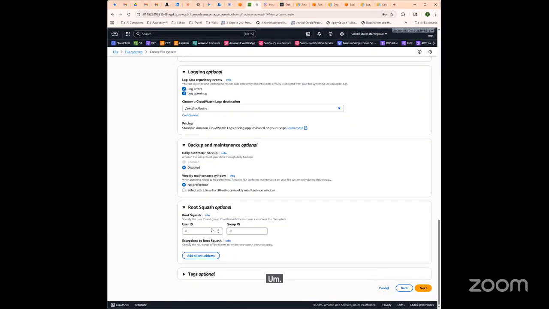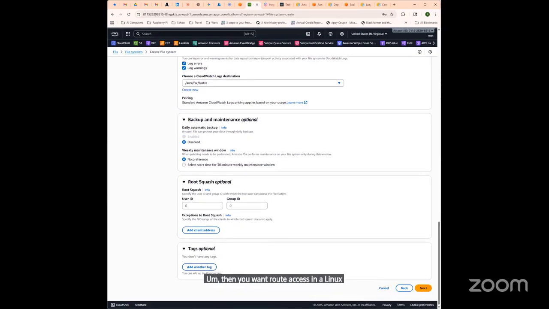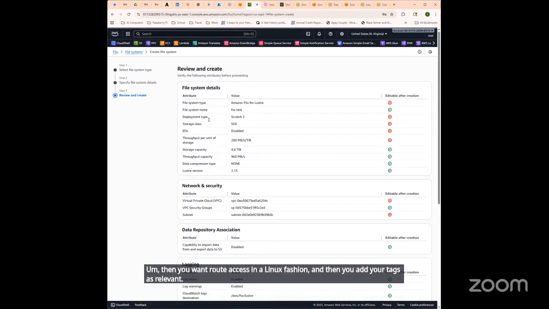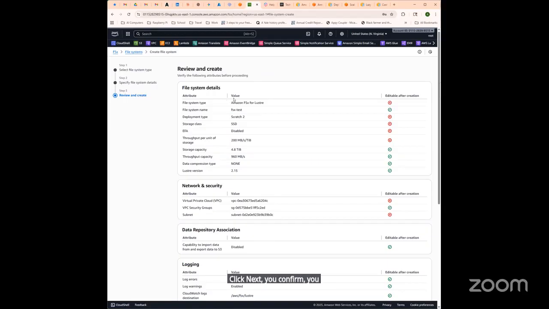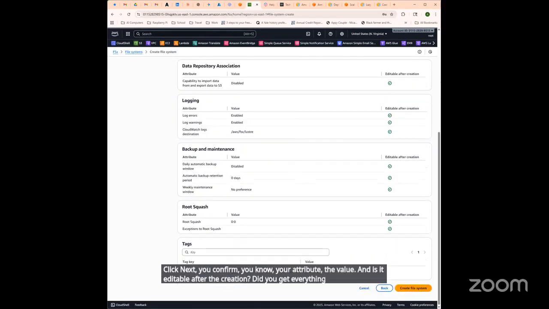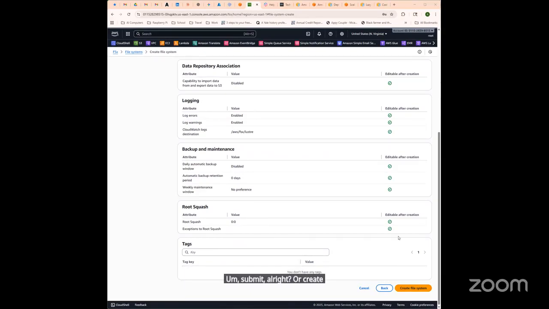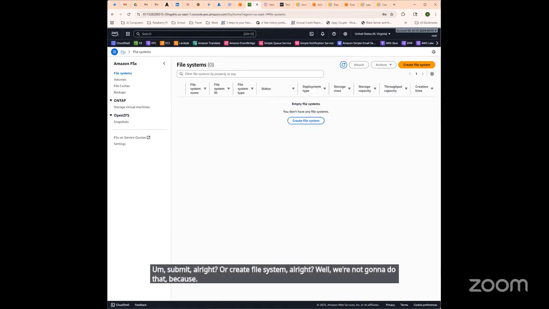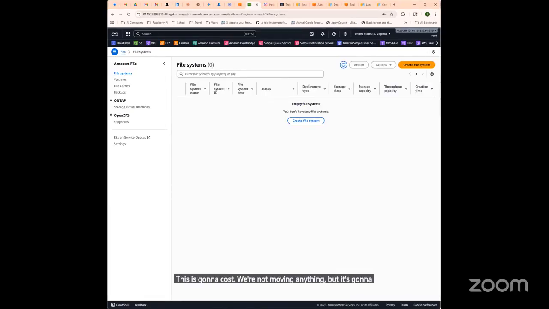Then you want root access in a Linux fashion, and you add your tags as relevant. Click next. You confirm your attribute, the value, and is it editable after the creation? Did you get everything you needed? And you click submit, or create file system. All right, but we're not going to do that because this is going to cost. We're not moving anything, but it's going to cost.